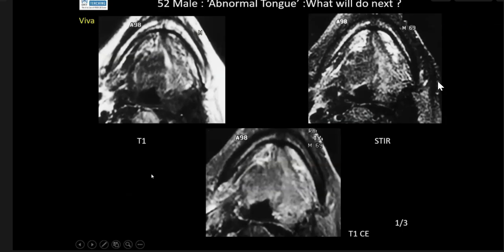So we've got selected sequences, T1, STIR and T1 post-contrast sequences through the floor of the mouth.